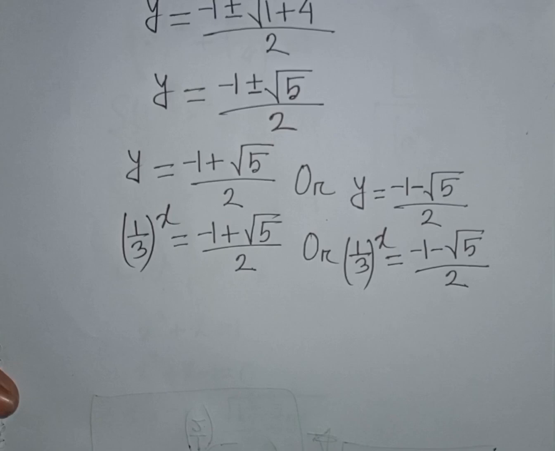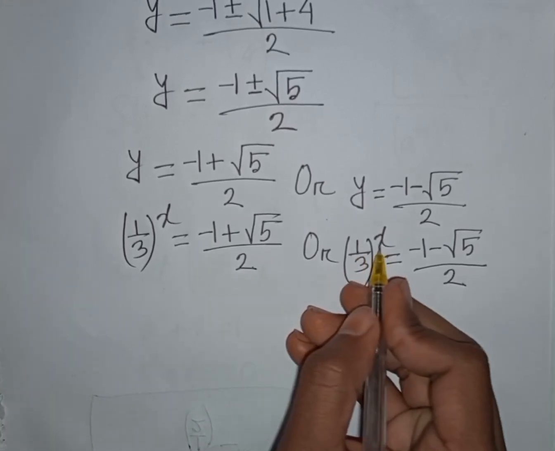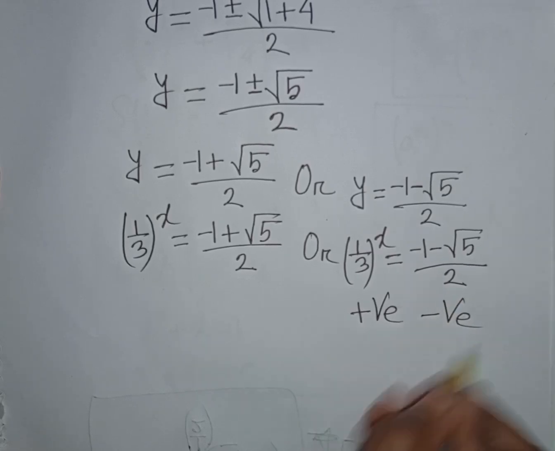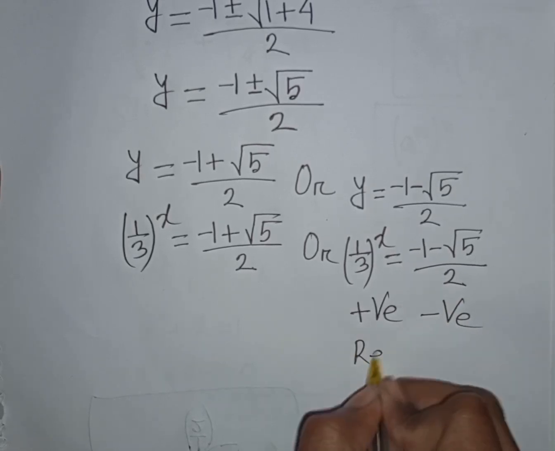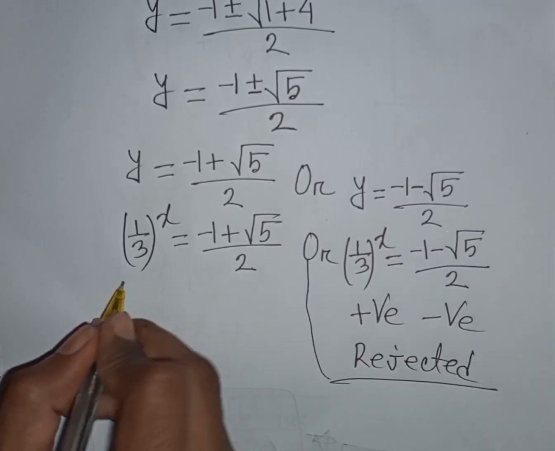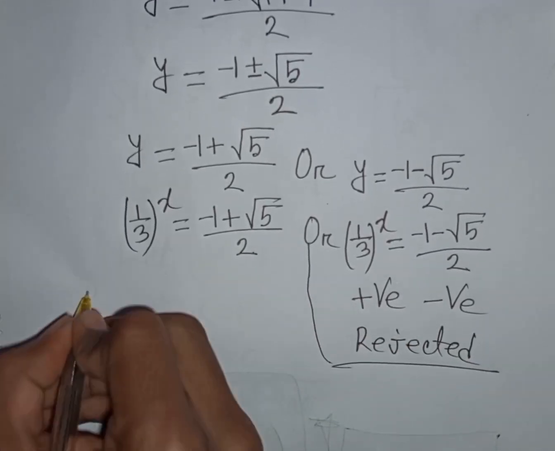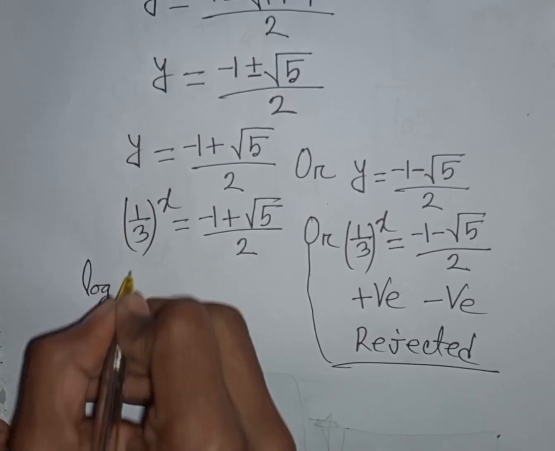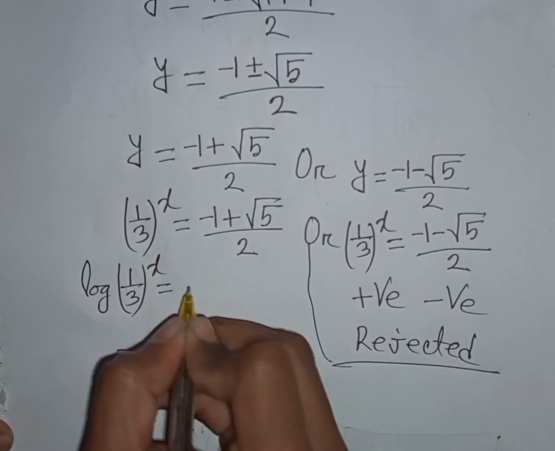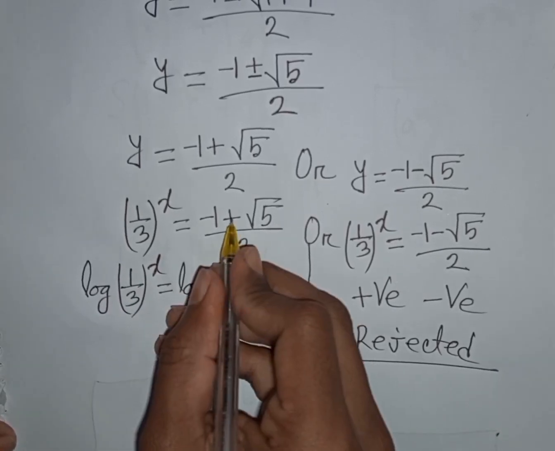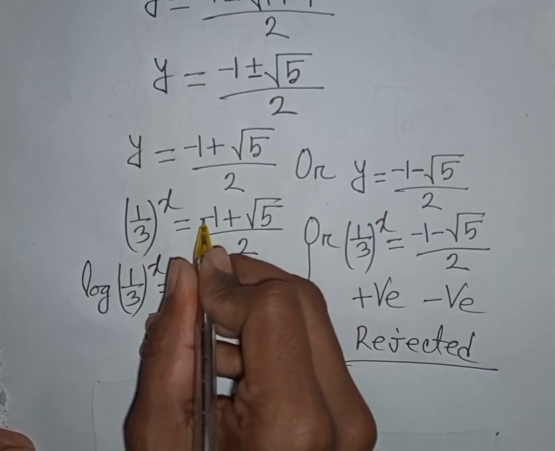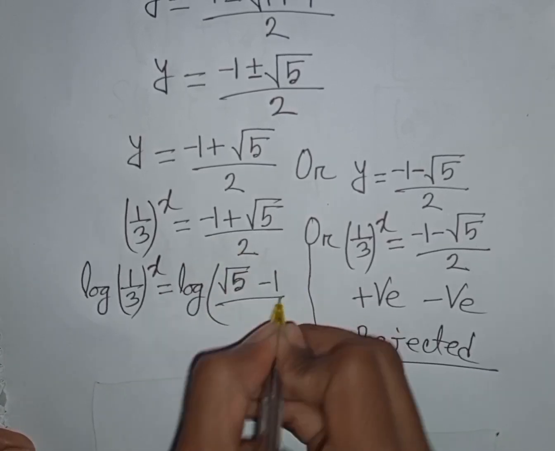Now we see (1/3) to any power is always positive, but this is negative. Positive cannot be equal to negative, so this is rejected. Now we apply log on both sides: log of (1/3)^x is equal to log of (sqrt(5) - 1) / 2.